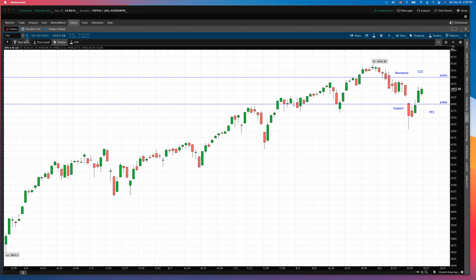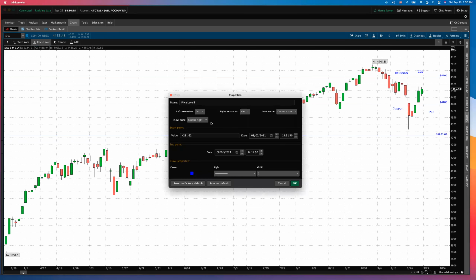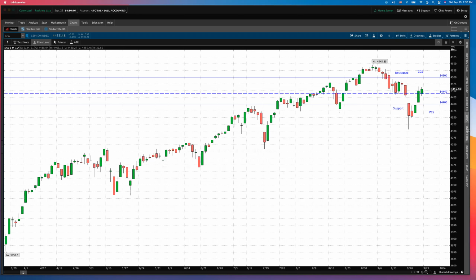Let's draw 44.40 here, and I'm going to give it a dashed line. That's too close to the money. That's 15 points away from the money. That's living dangerously. I don't recommend living dangerously.